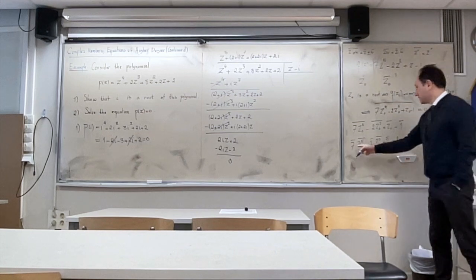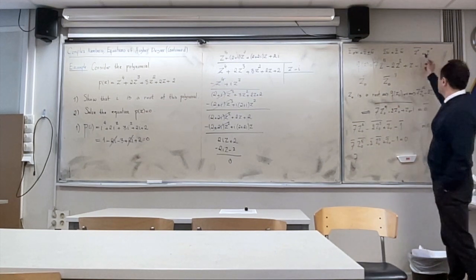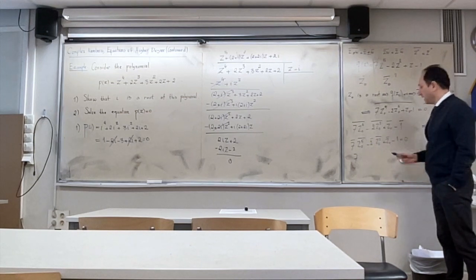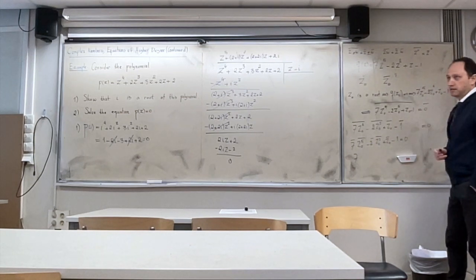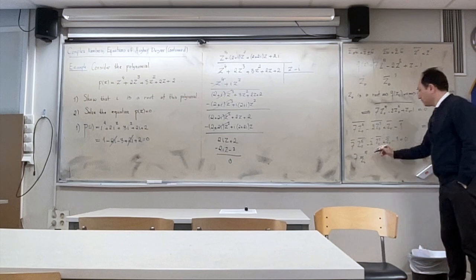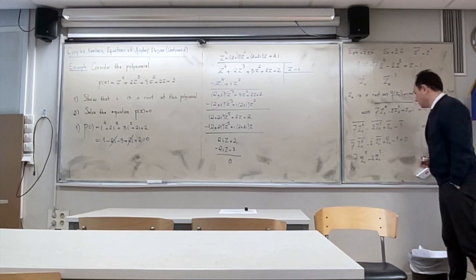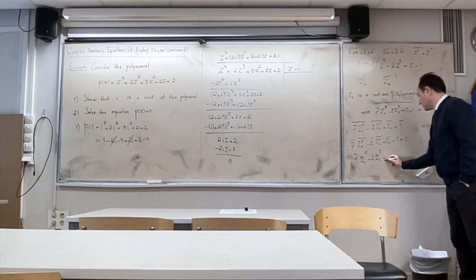Okay, the next step. 7 bar is just simply 7. And according to this rule, I can interchange the conjugation and power. So it becomes z naught bar to the power of 5. This one becomes minus 2 z naught bar to the power of 2. This remains the same, and this becomes minus 1 equals 0.